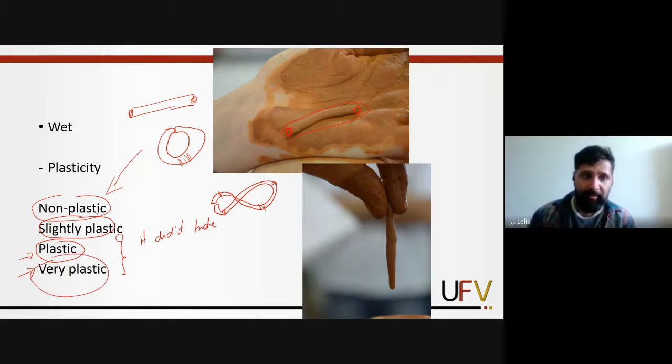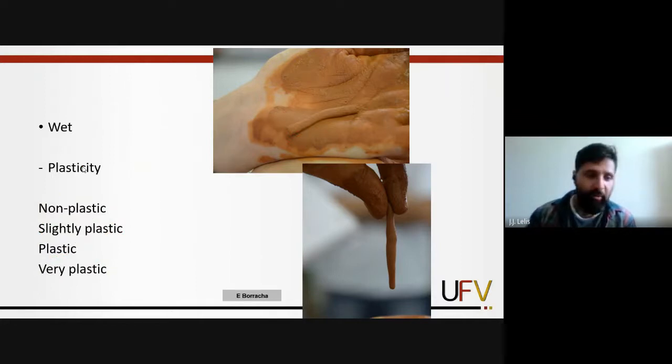So the plasticity measures how these particles interact between themselves when soil is wet, okay? And of course, here it is sandy textures, sandy materials.